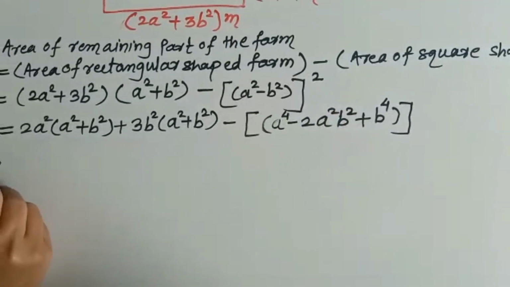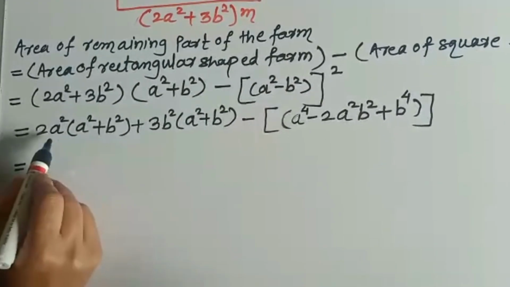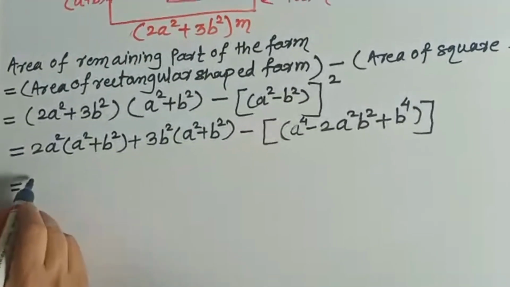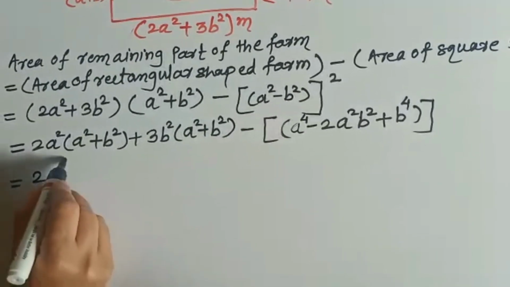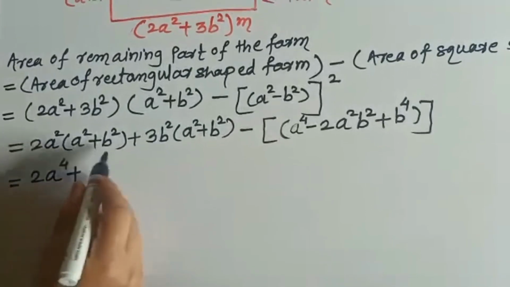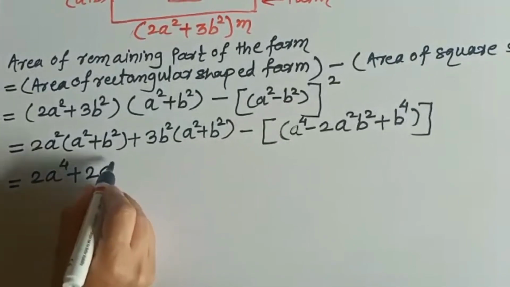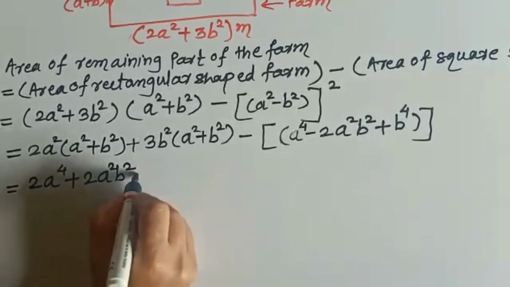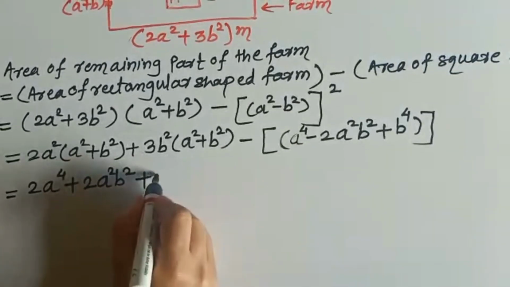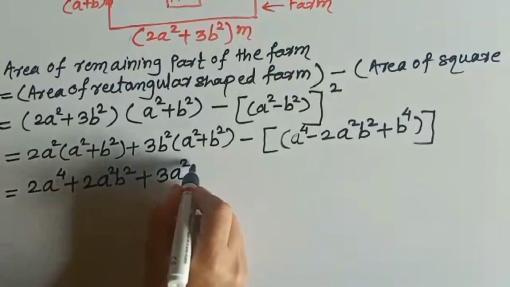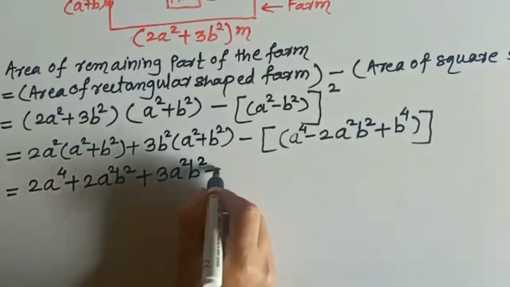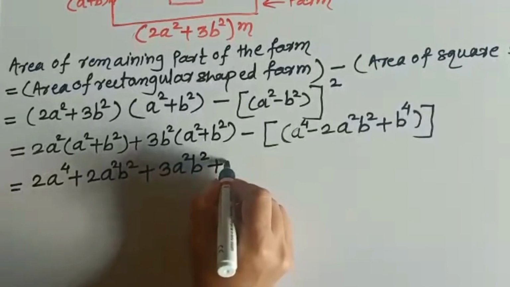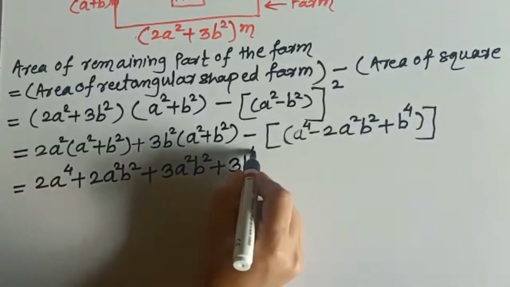Understood? Now write, it is equal to: we are multiplying 2a square into a square, 2a raised to 4, plus 2a square into b square, 2a square b square. Now plus 3b square into a square, 3a square b square. Now plus 3b square into b square, 3b raised to 4.